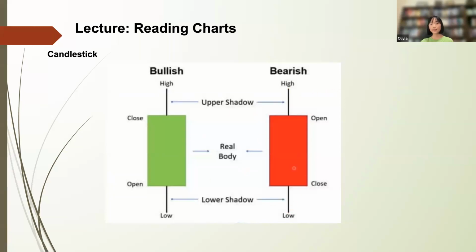Since this is a bearish candlestick, the closing price has to be smaller than the opening price. That basically shows the market went down. So the opening price is always higher than the closing price.